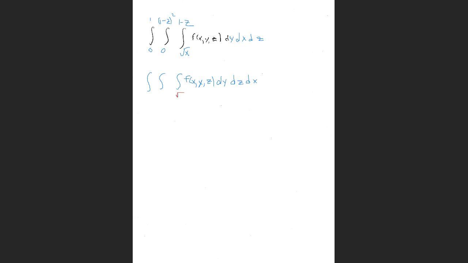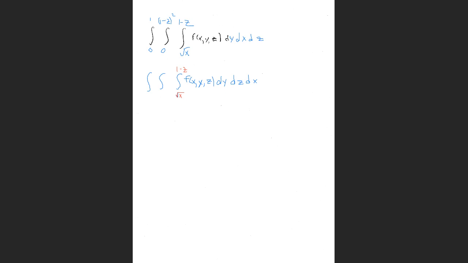And then for the z limits, we're treating that region you just saw as a type 1 region.